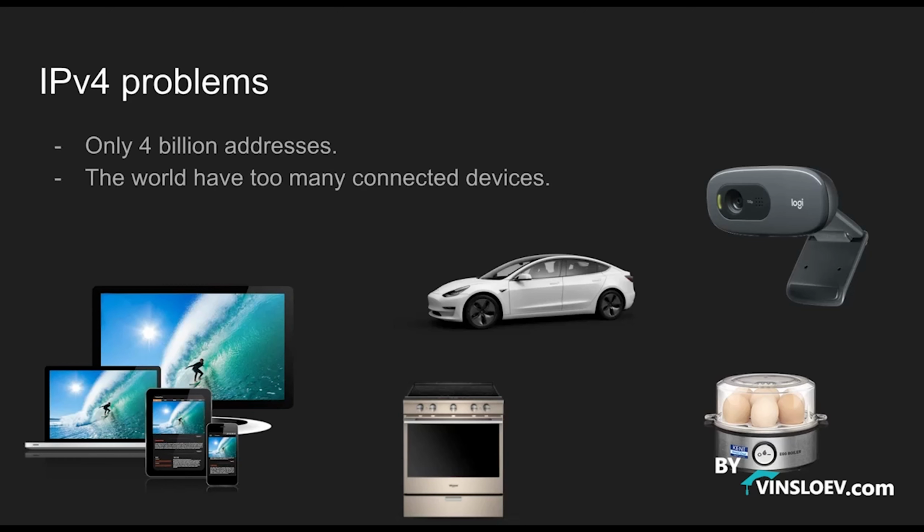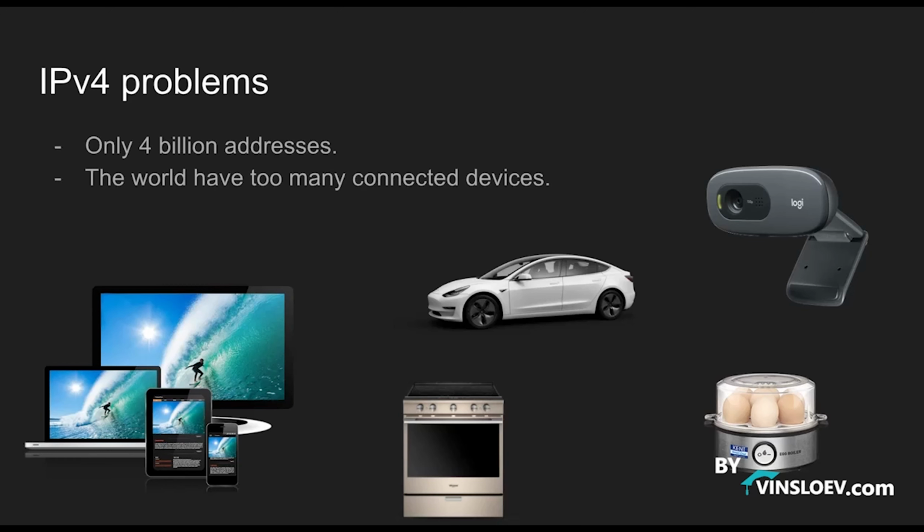And as the world gets more and more devices connected to the internet, we now not only have computers, we have webcams, kitchen tools, cars and robots, and all kinds of different stuff getting connected to the internet, meaning that the current version simply does not have enough unique IPs, and we can't generate enough unique addresses out of this 32-bit address, which is IP version 4.